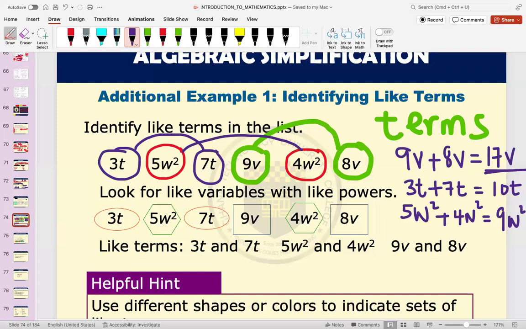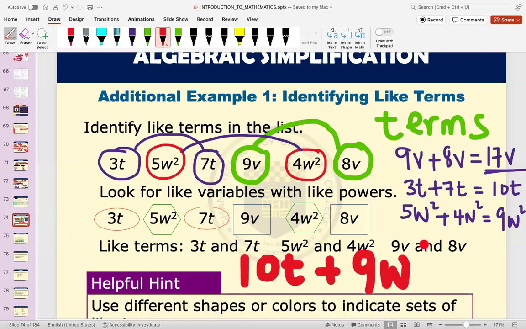That can also represent 5W squared and 4W squared. The expression has been reduced to 10T plus 9W squared plus 17V.